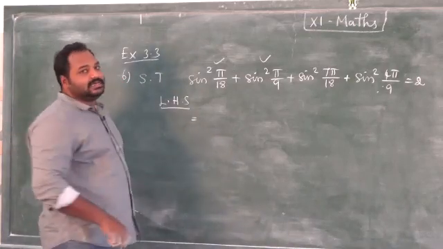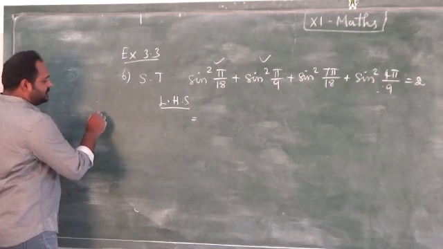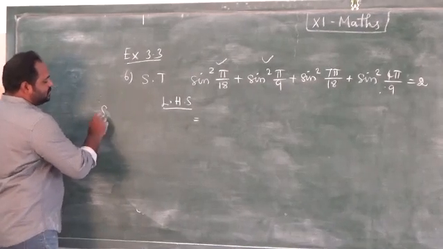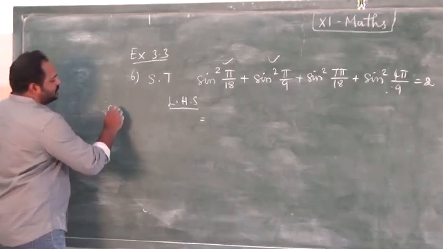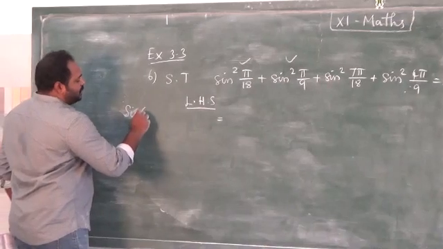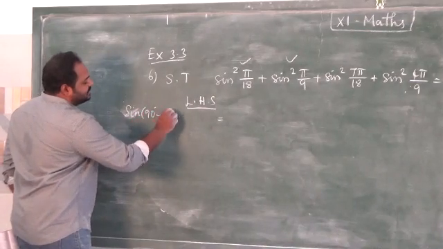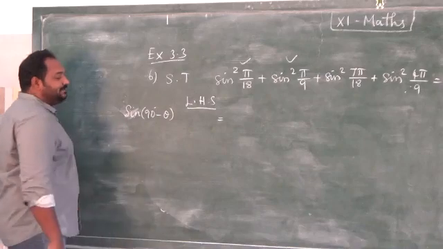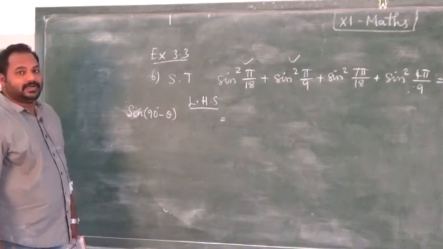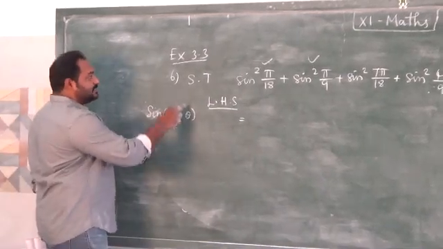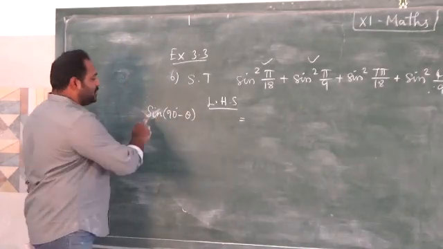How can we change to the cos square value? So we know the procedure. Sine of 90 minus theta, which is first quadrant. 90 minus theta is first quadrant, and in the first quadrant all are positive.